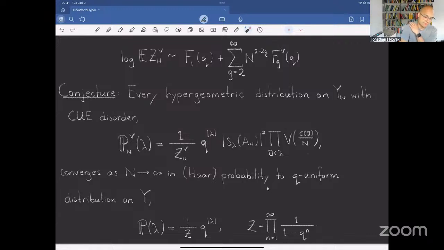And you can use the modularity of the Dedekind eta function to prove things you want about asymptotics of q-Pochhammer symbols. One could have a similar story for the higher order corrections as well, with good asymptotics as q goes to one. Okay, that's very cool.